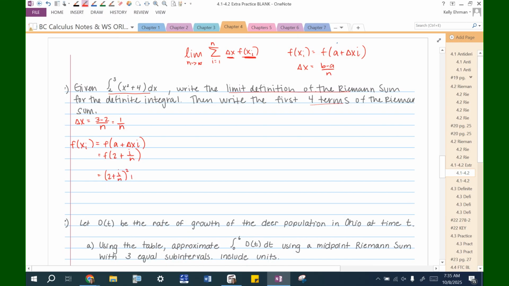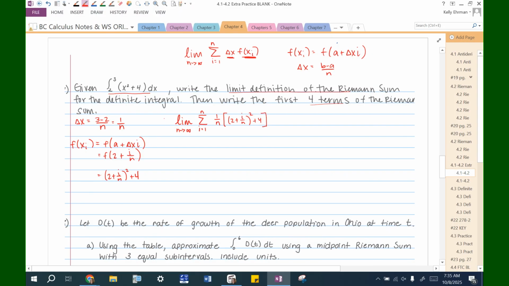This squared plus 4. Sometimes that helps to get that all out of the way here. And then go ahead and write your limit definition. So the limit as n approaches infinity of the sum from i equals 1 to n of delta x, 1 over n, times f of x sub i. So 2 plus i over n squared plus 4.